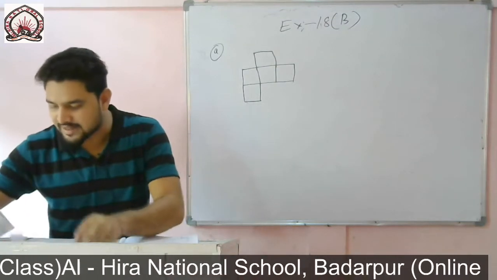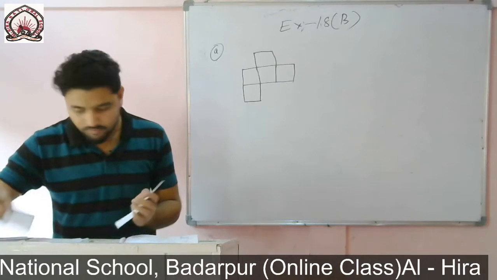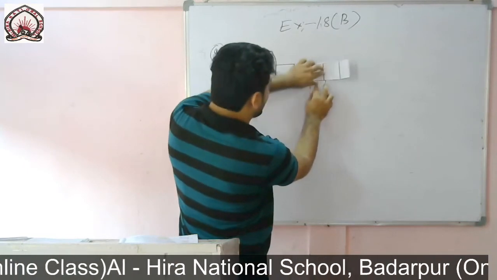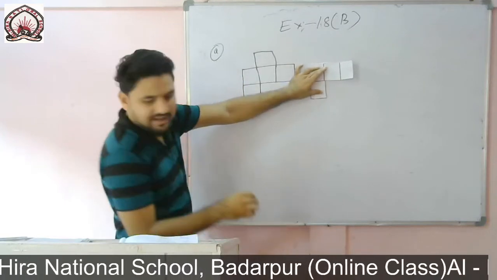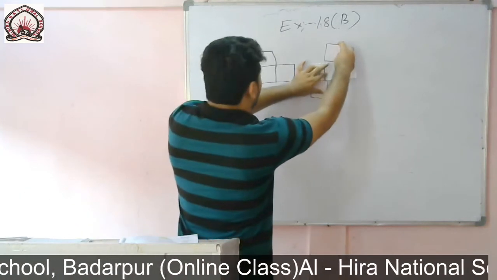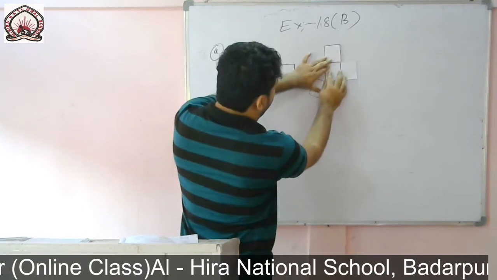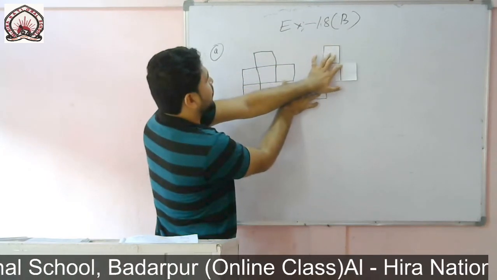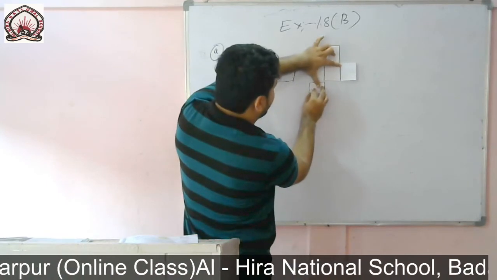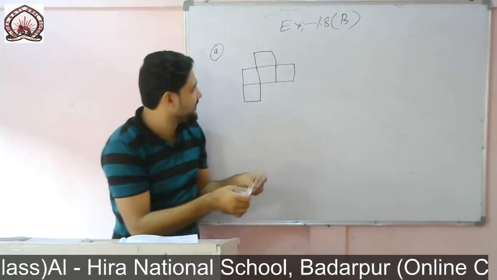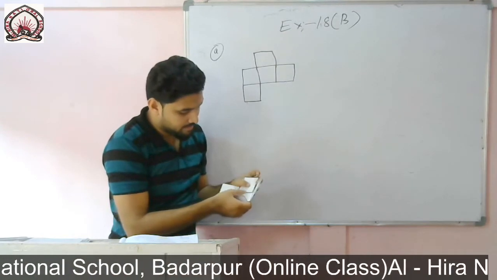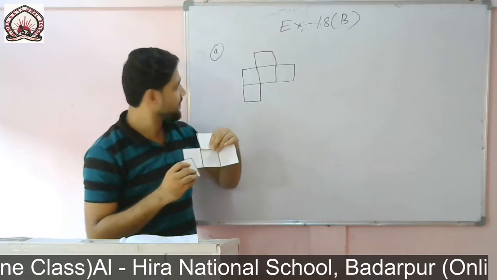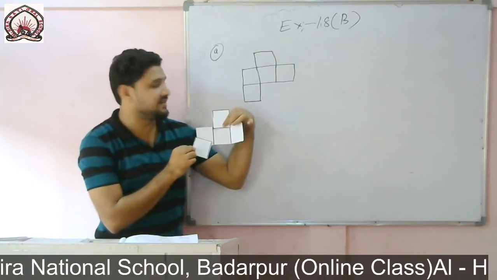Okay, let us take a live example. Suppose if I keep like this and add like this, you see this is the shape, which is equal to the one on the board.